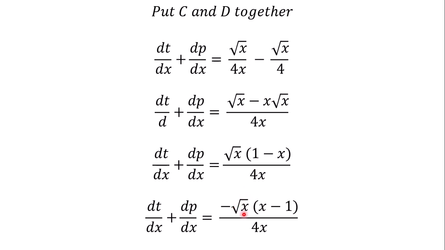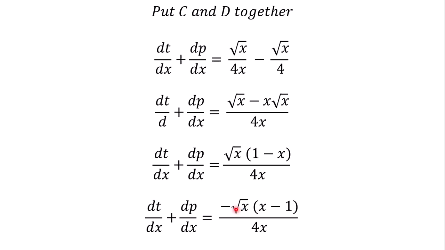This negative sign here means we have multiplied this one by negative 1. And when we do that, here will be plus, and this one will be minus. That is what indicates the multiplication by negative 1.